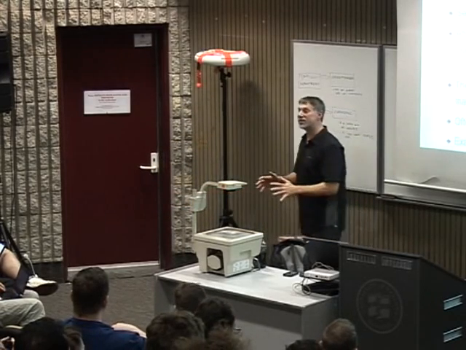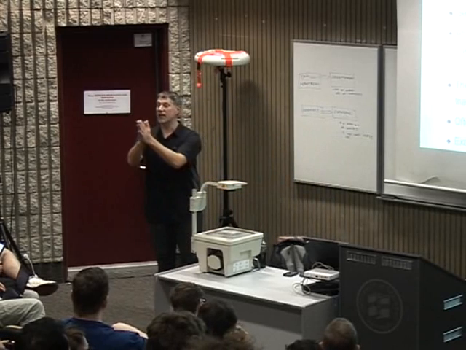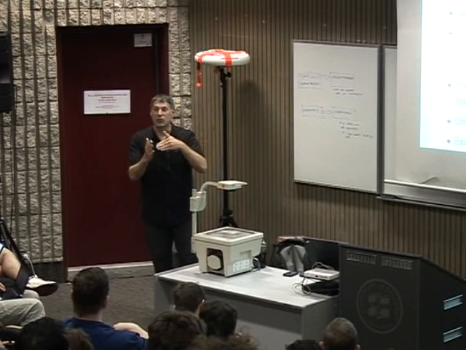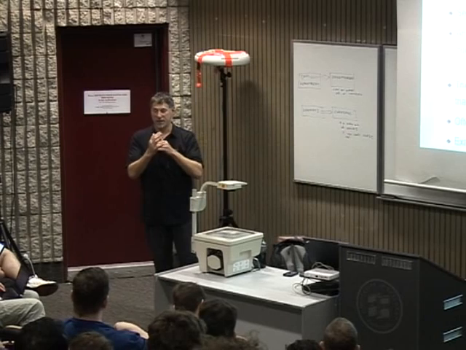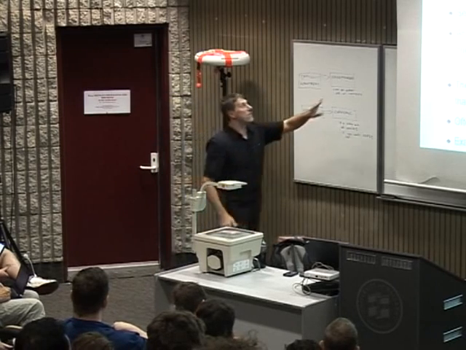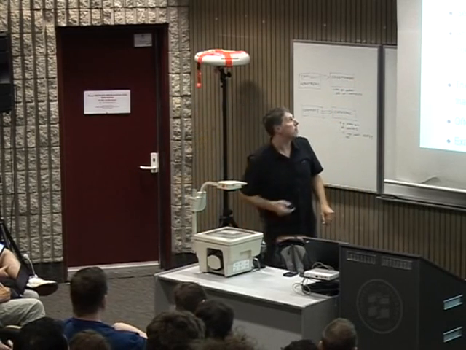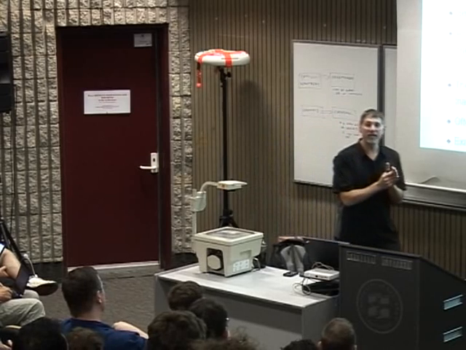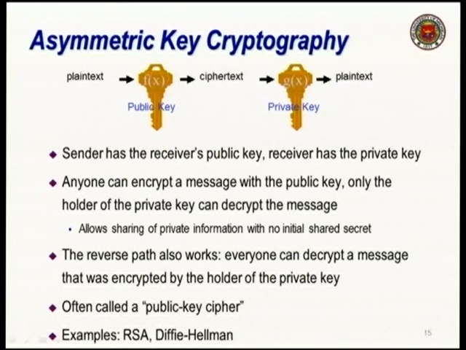Now, the way we can share information privately is I can grab your public key and encrypt the data with the public key. If I encrypt the data with the public key, the only key that can decrypt that data is the matching private key. So if I have the public key of the bank and I encrypt data with that public key, I know only the bank, assuming they haven't given their private key out to anybody, can see that information.